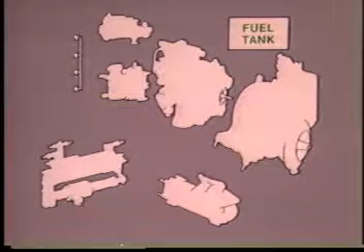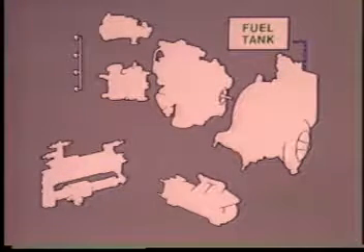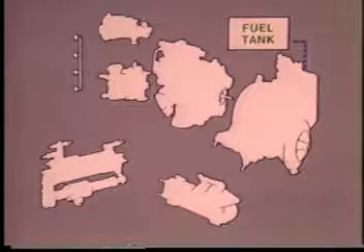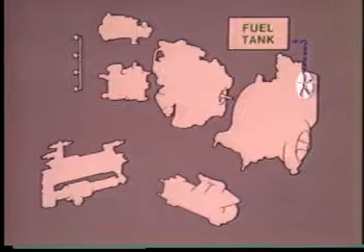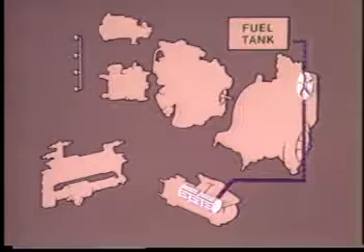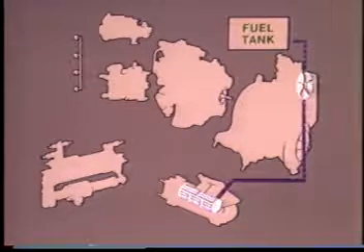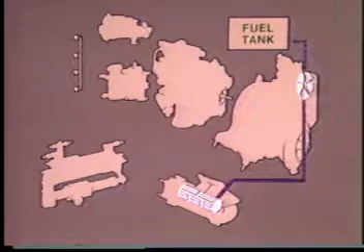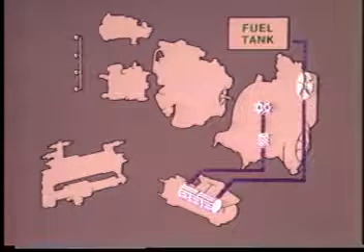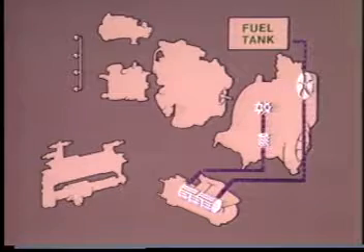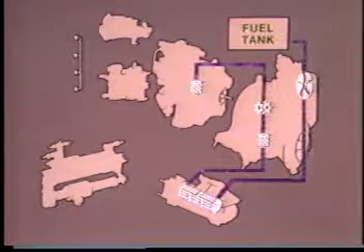Fuel flows from the aircraft system to the main fuel pump and on to the centrifugal boost stage. The fuel then goes to the fuel heater. It then returns to the main stage of the pump where its pressure is increased. It then flows to the fuel control.